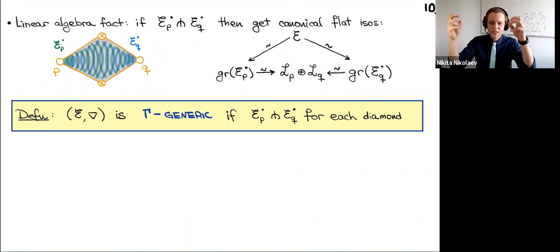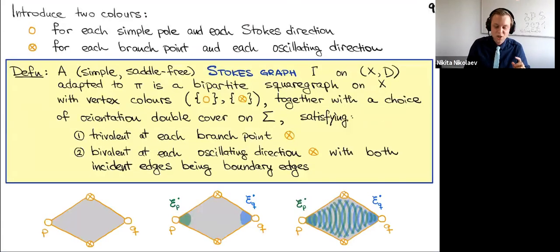Actually, on that curve, the way I gave you this definition, there's an extra reason why I like it, because when I go to higher rank, then if I transfer all the action to that auxiliary curve, the definition of the Stokes graph is exactly as you see it now. It's precisely the same. So that's very attractive to me.